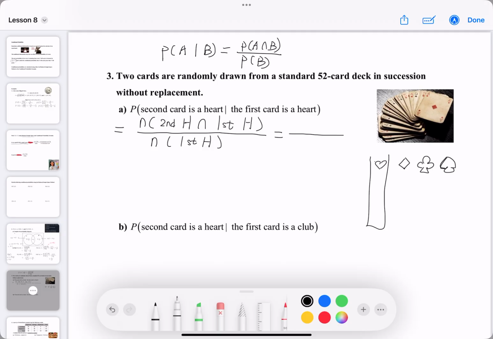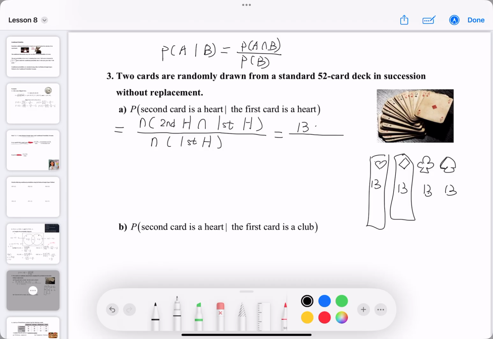Totally, we have 13 hearts, 13 diamonds, 13 clubs, 13 spades. If the first card is a heart, I have 13 options. I'm going to choose one card from 13 cards. I have 13 possible outcomes. And how about my second card?